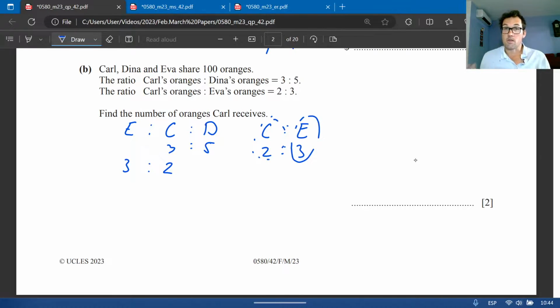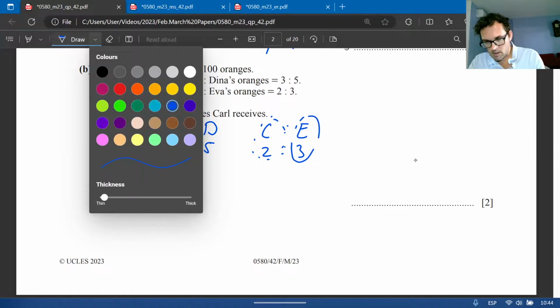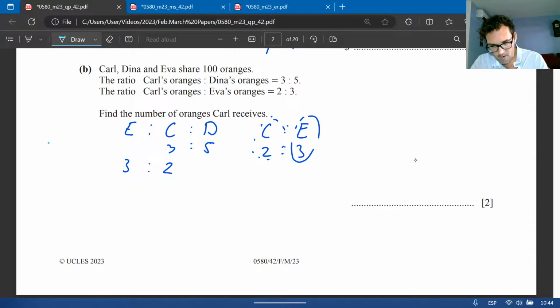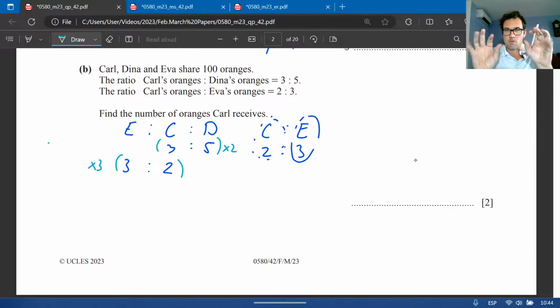What we can do now is get the common multiple of 3 and 2. Let's change color. If I multiply this ratio by 2, and I multiply this ratio by 3, which we can do with equivalent ratios, we multiply both by the same number and the ratio stays the same, like simplifying ratios.